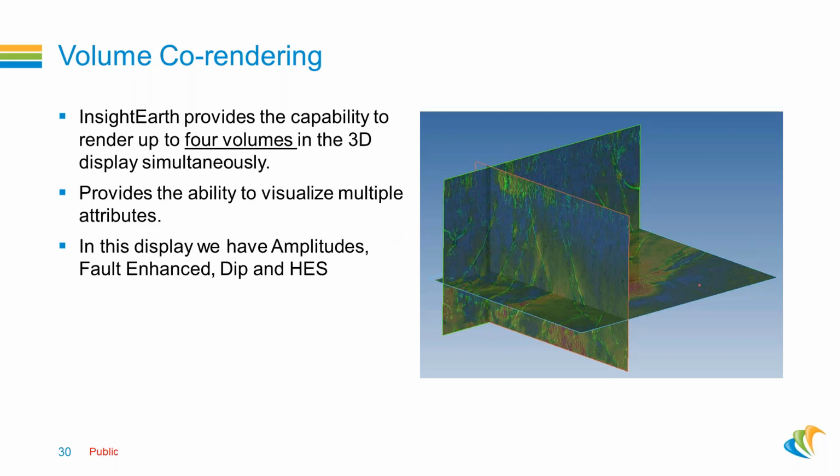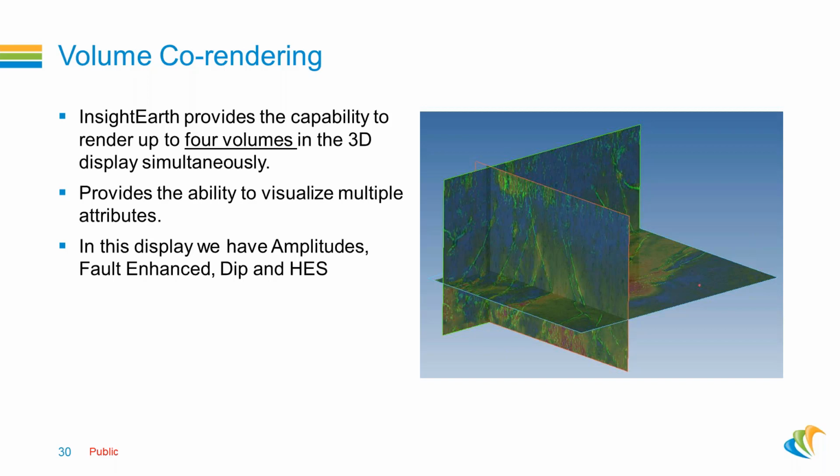Before going further, this is only to mention that inside Earth we have co-rendering techniques, and this is very useful because it allows you to display up to 4 different volumes at the same time with different color bars, and then you can, using the co-render, display different attributes and see where the contrast is in between.